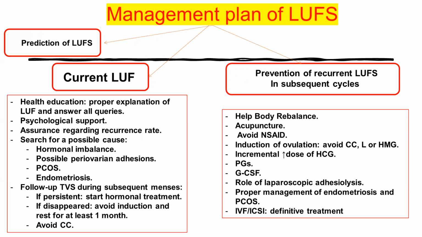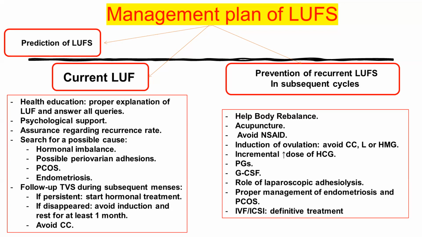Those are important to put in mind as high risk for developing LUFS, particularly if you tried a natural or induced cycle for those cases before and they did not get pregnant. So you have to think of LUFS as a cause of failure of pregnancy. So prediction is very important. You have to put it in your mind.